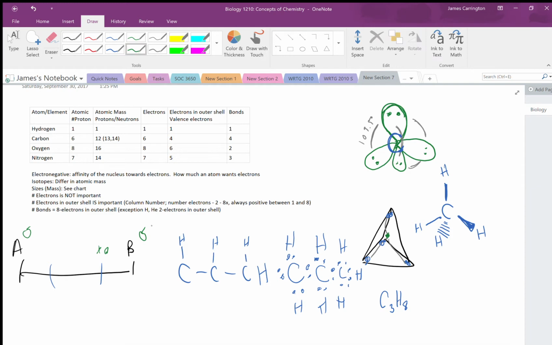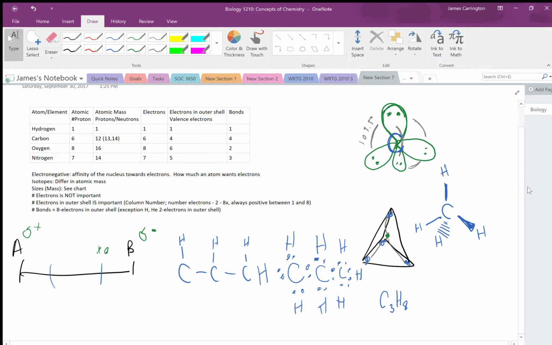So B, because the electrons are closer to it, it's going to be slightly negative. And then because the electrons are further away from A, because A still has the positive charges from its protons, it's going to be slightly positively charged. And this is what's going to cause some partial charges. And just like a magnet, those partial charges are going to act against one another.